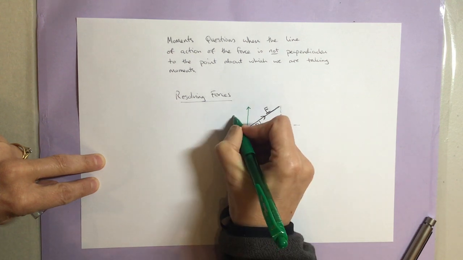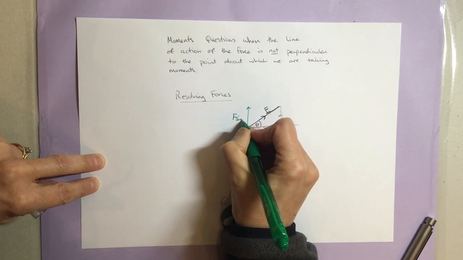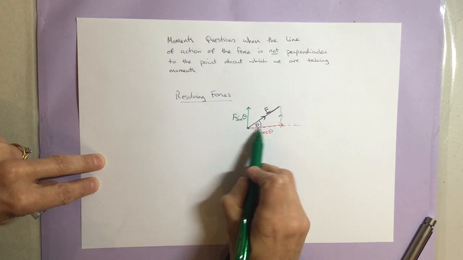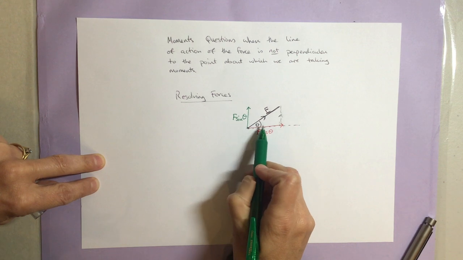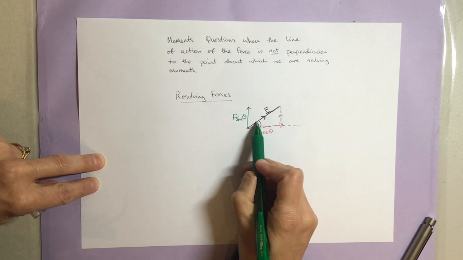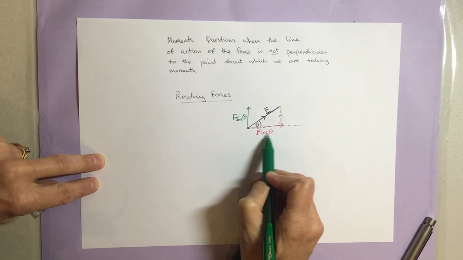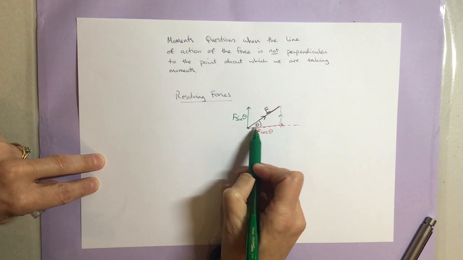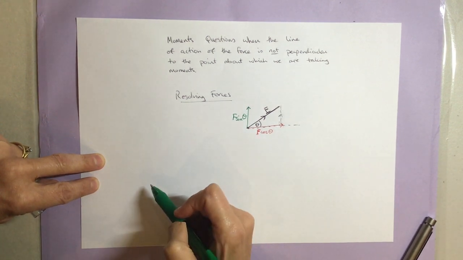And that will always be the case: cos in SOHCAHTOA is adjacent over hypotenuse, so the component that's adjacent to the angle is always going to be the one that's cos theta, and the other component, the one that's not adjacent to the angle, is always going to be sine theta.